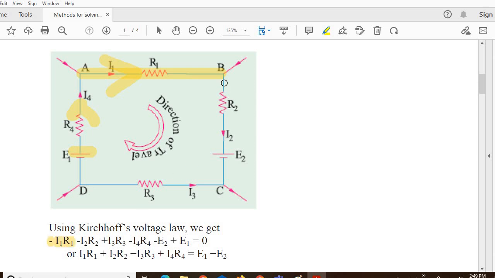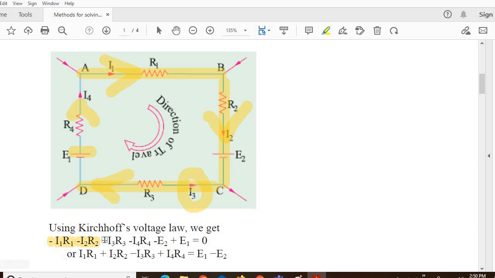Similarly, for the next branch BC, we have the tracing path from B to C. In that case, the current direction is I2. Again, the sign will be negative, that is minus I2 R3. For the next branch from C to D, the tracing of the path is from C to D. But now if we observe the direction of current, it is opposite to that of the tracing path.